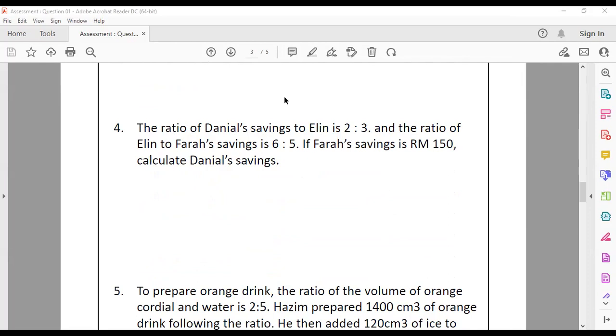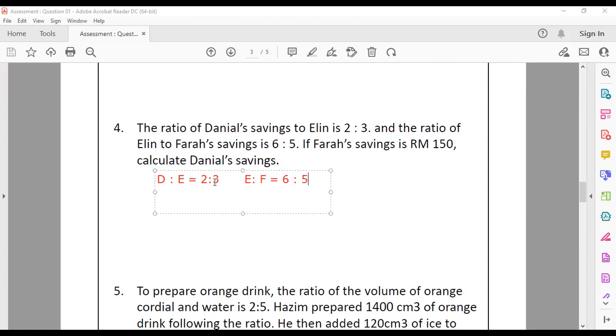Daniel to Eileen is 2 to 3. So I'm going to write D for Daniel. The ratio of D to E is equivalent to 2 to 3. However, the ratio of Eileen to Farah is equivalent to 6 to 5.